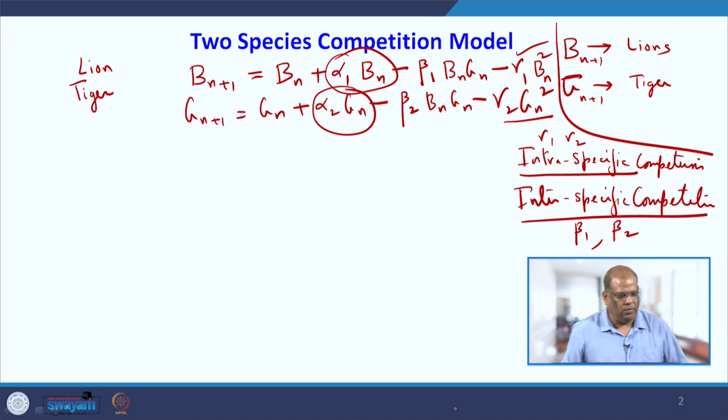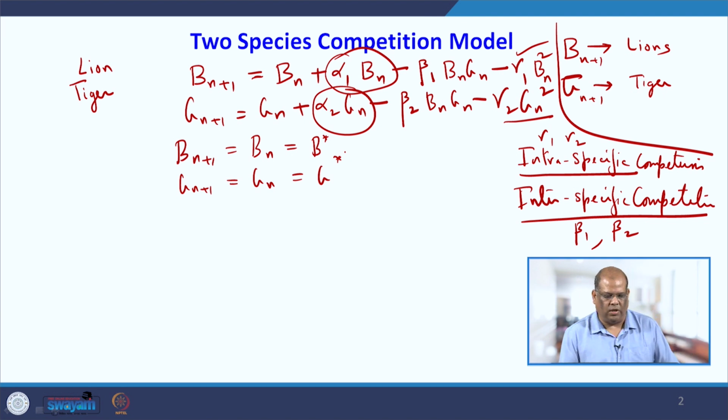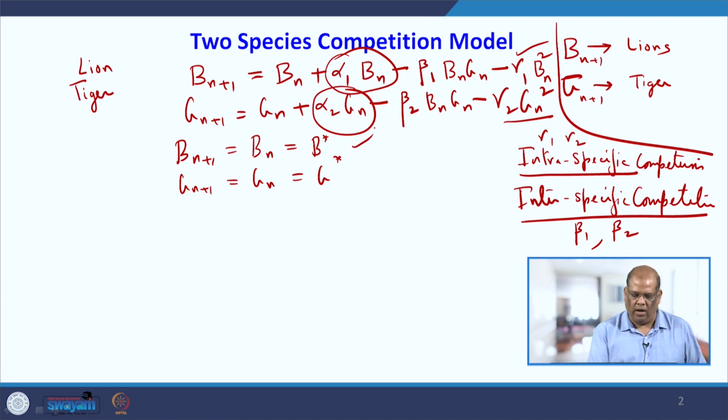So, once this model is formed, obviously you will go and look for its equilibrium solution. The equilibrium solution will be given by no change from the nth to the n plus 1th generation or time. So, we replace B n plus 1 and B n by B star, and G n plus 1 and G n by G star.